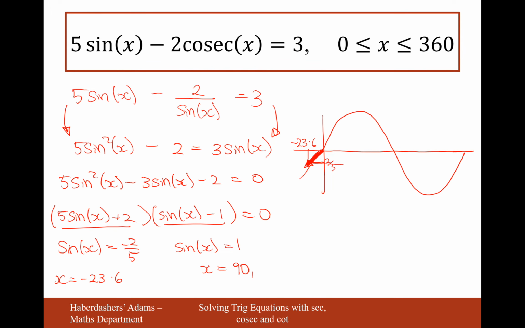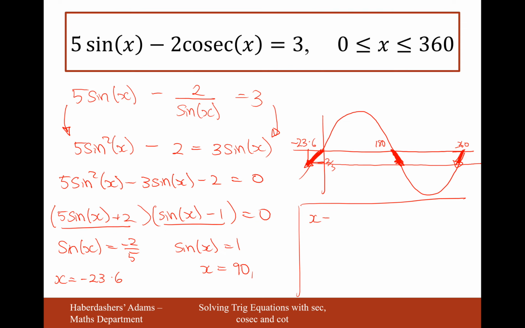So if I want the solutions in between 0 to 360, I need to move onwards by that amount from 180, or I need to move backwards by that amount from 360. Sorry, did I say pi there? I meant 180.